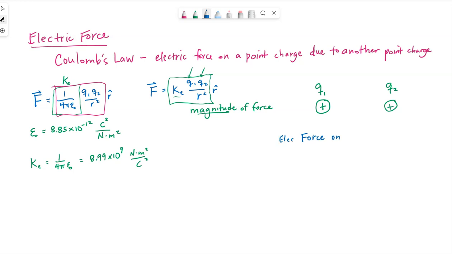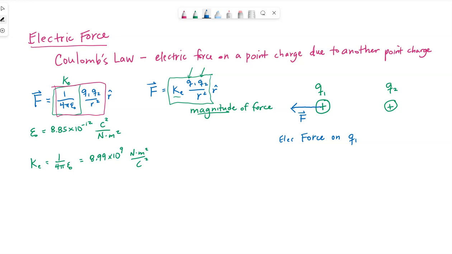So, for example, if we were trying to find the force, electric force specifically, on Q1. Now, I have just chosen to draw both of these charges as positive charges. Since they're both positive, we know they are going to repel because like charges repel each other. So Q1, if I want to draw the vector representing what Q1 would experience or feel, I know it doesn't really feel anything, but it just is an easy way to describe it.